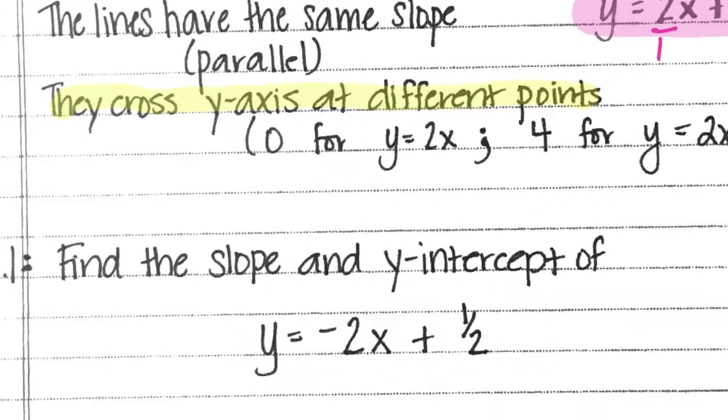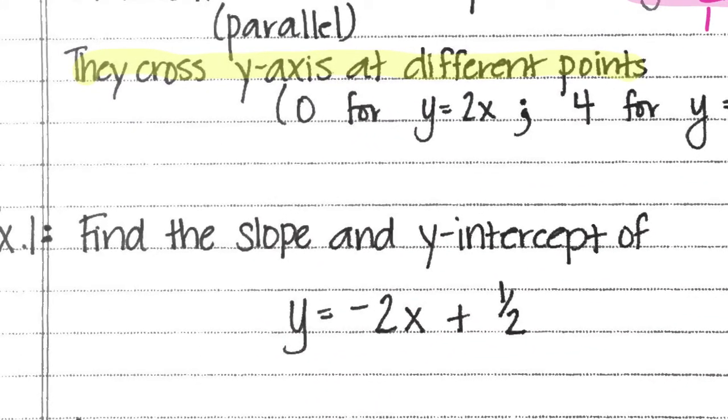So some of these questions are pretty easy. They just say find the slope and the y-intercept. So example 1 is giving us this question in y equals mx plus b. They want us to find the slope and find the y-intercept.